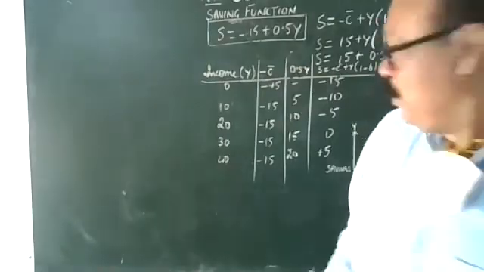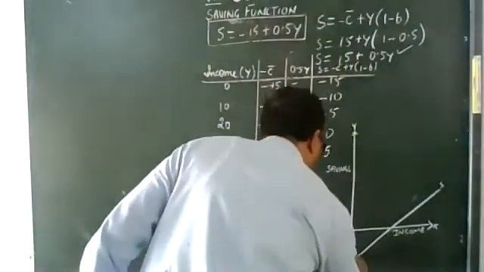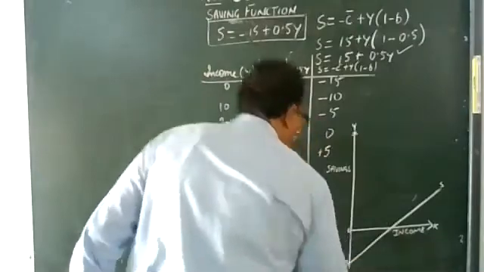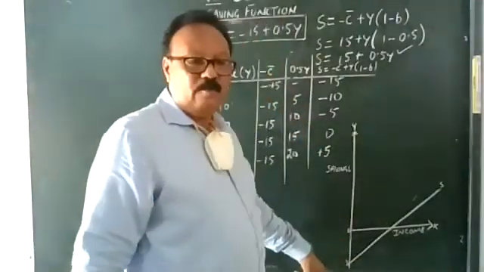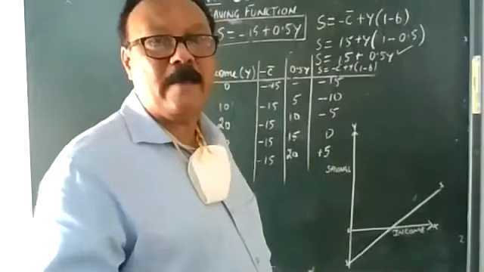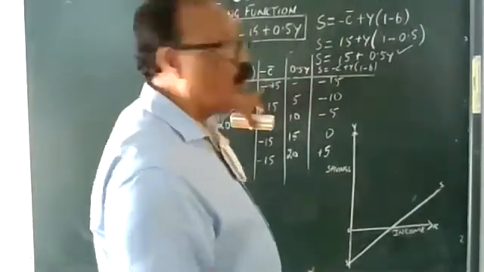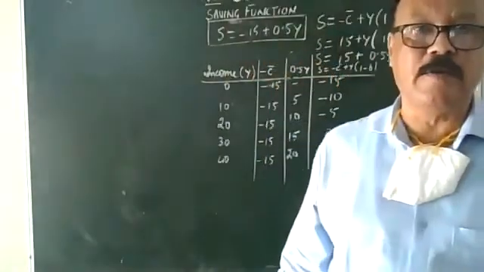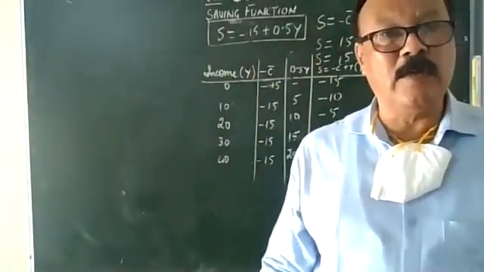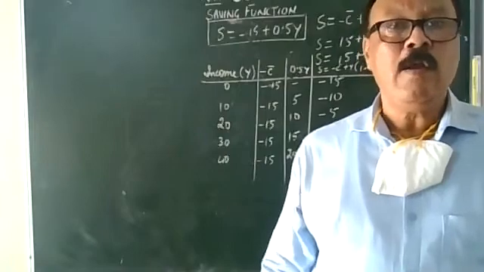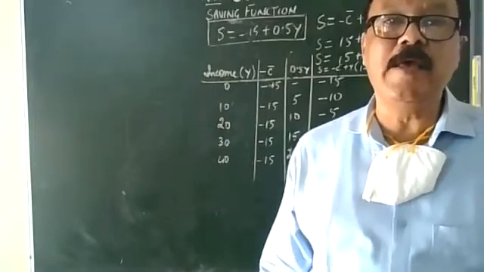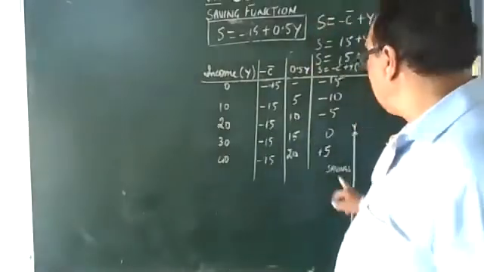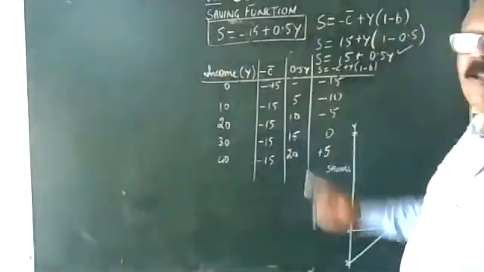Now, here you see this is the saving line, which begins from below zero. Why? Because we have autonomous consumption, and I'm repeating myself. What is autonomous consumption? It is consumption by the consumer even when his income is zero. How much has he consumed when his income was zero? Minus 15.